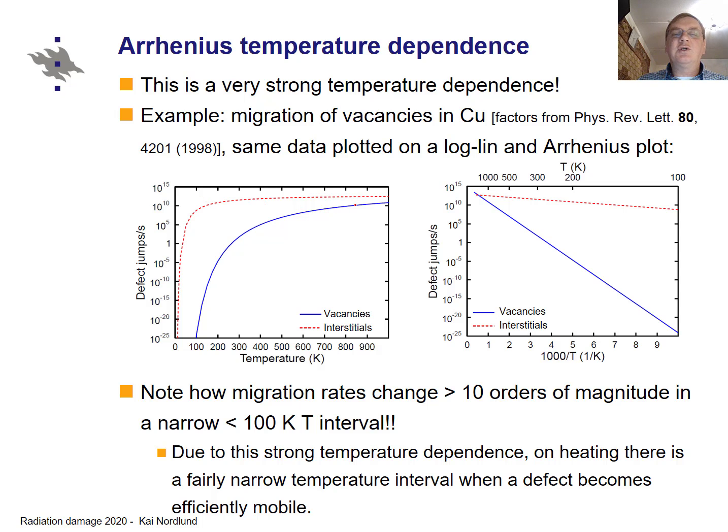After that, this change rate pretty much saturates because this is basically saying that you jump every lattice vibration frequency when the temperature is so high that you're clearly above this migration barrier. And the same is true for vacancies, but going from 100 kelvin to about 500 kelvin, you have then almost as many orders of magnitude change.